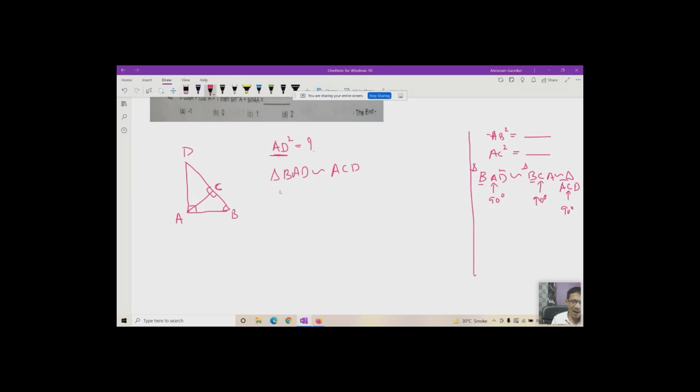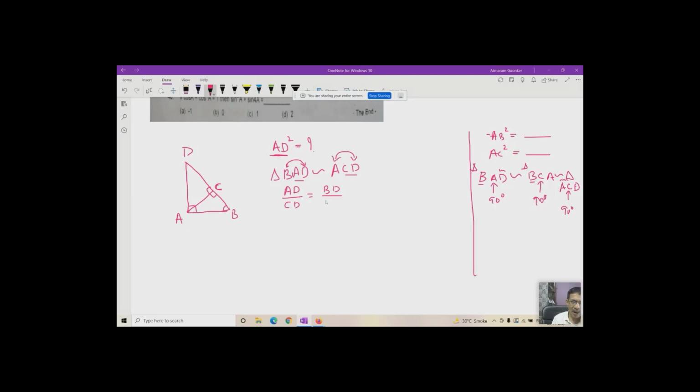So I will write AD divided by CD. See, AD corresponding one side is CD. AD divided by CD is equal to BD, B and D, divided by AD.